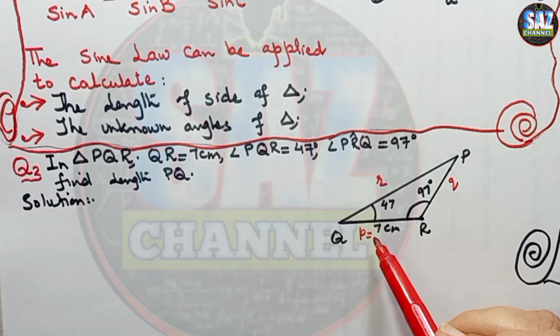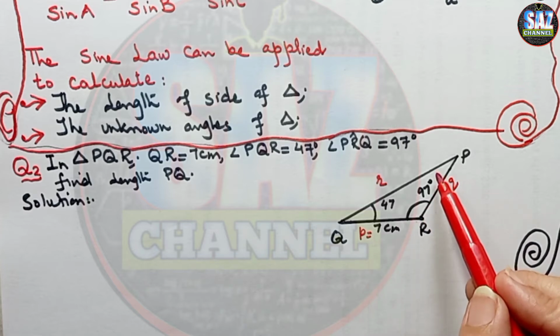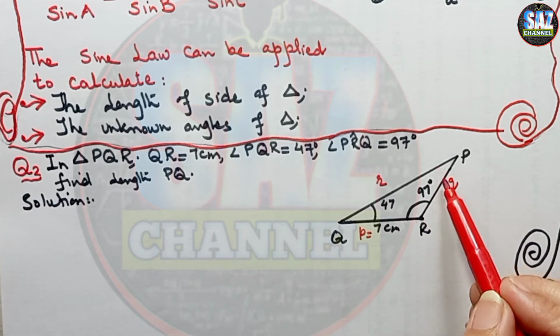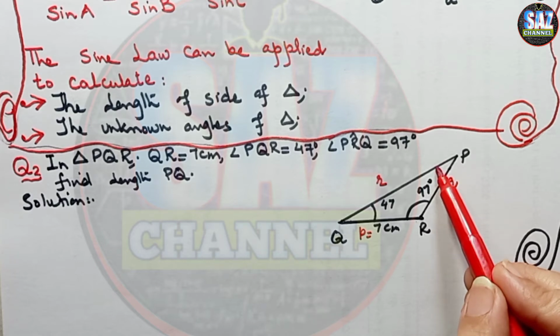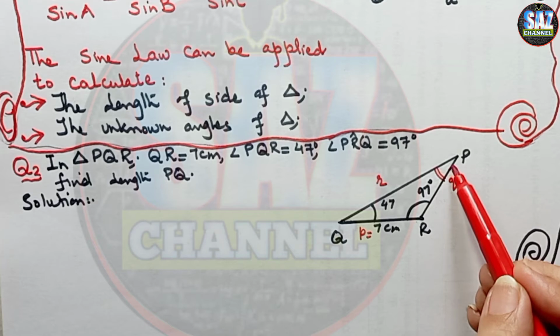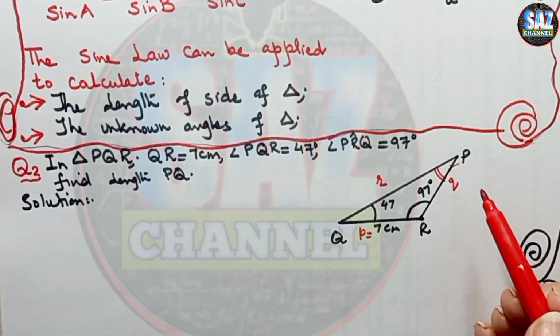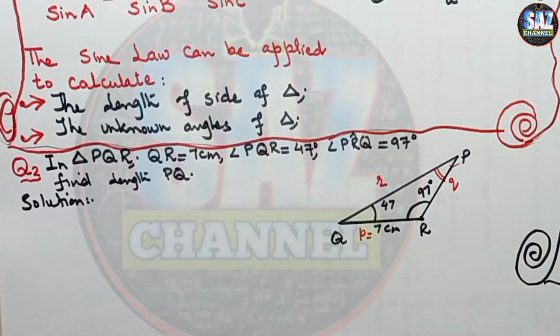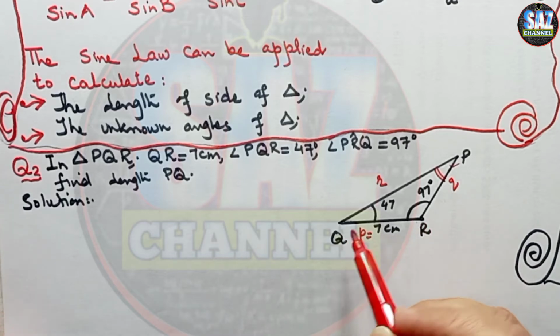With reference to this length, in the beginning we are not given this angle, but we can easily find the value of this angle because the sum of the angles of a triangle is 180 degrees. So first of all, we take the triangle PQR.